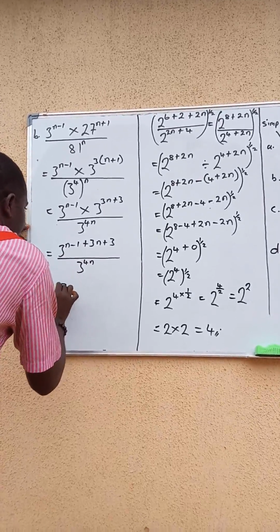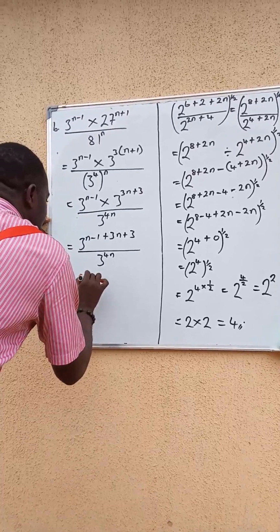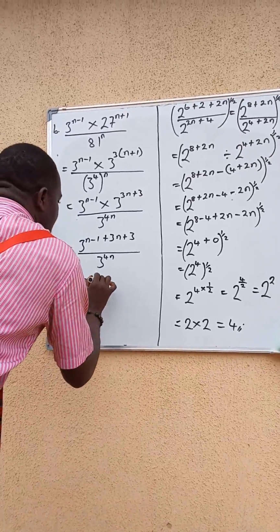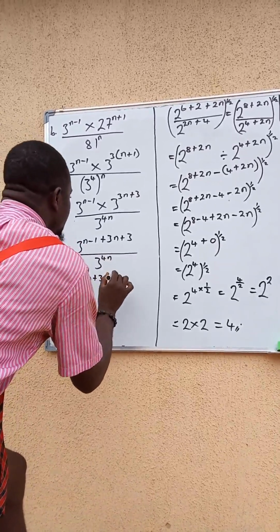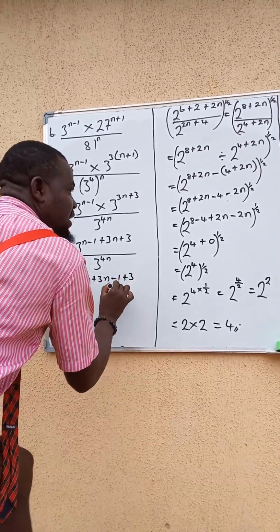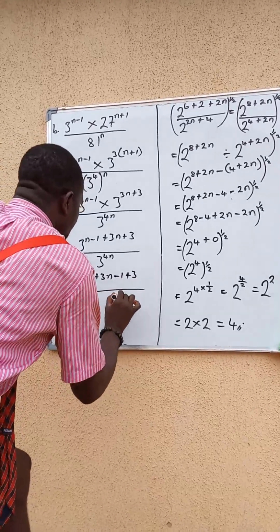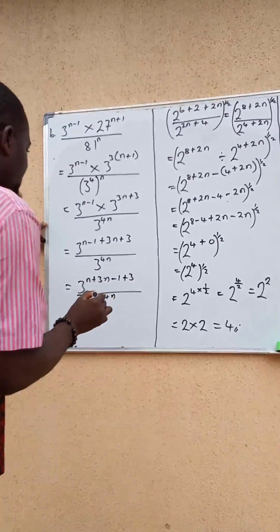Let me collect the like terms at the numerator. n plus 3n, minus 1 plus 3, over 3 raised to the power of 4n. Good.